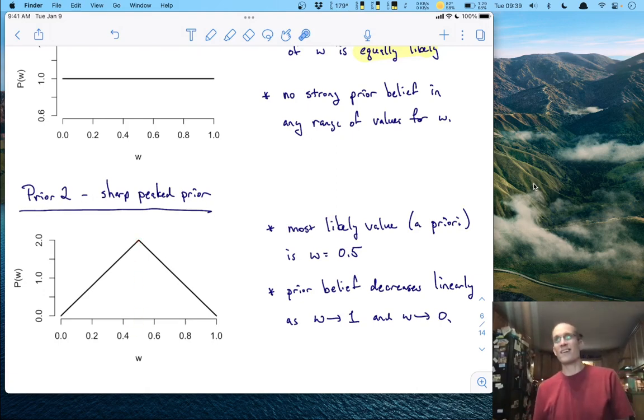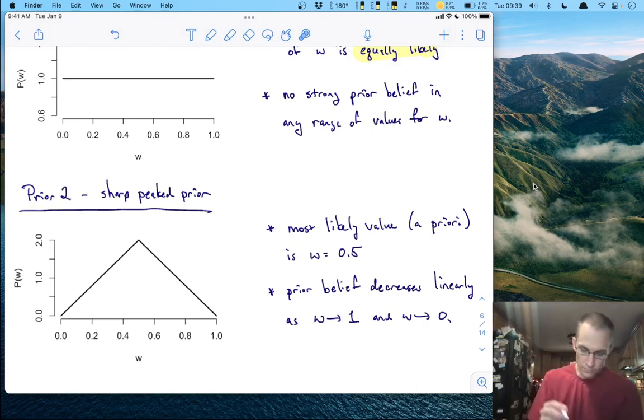So if you are a skeptic, and remember the whole context here is, is therapeutic touch a thing? Are people guessing or not? Well, if you're a skeptic, you think they're just guessing, your most likely belief a priori is that parameter W is 0.5. It's 50% probability on each trial. And so this might reasonably reflect your prior beliefs for these data.